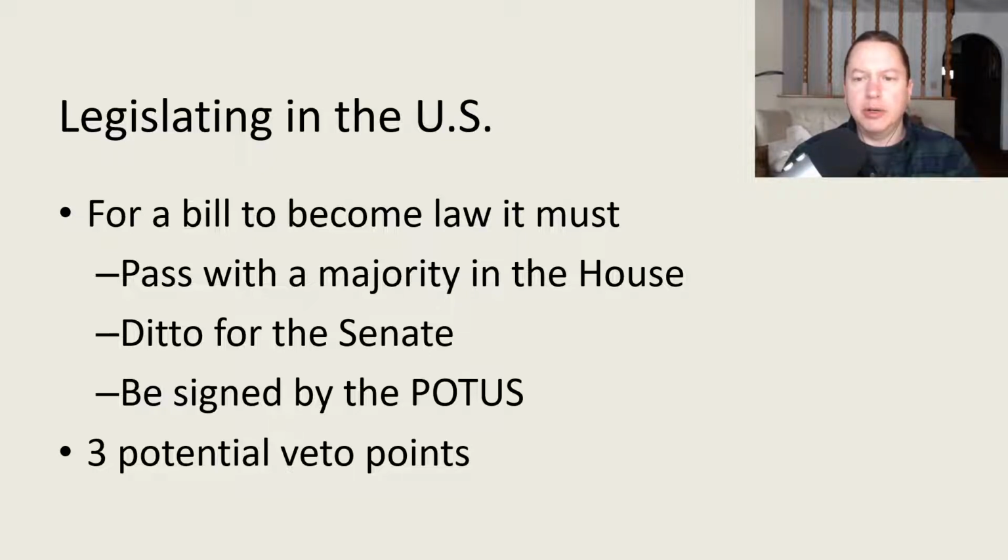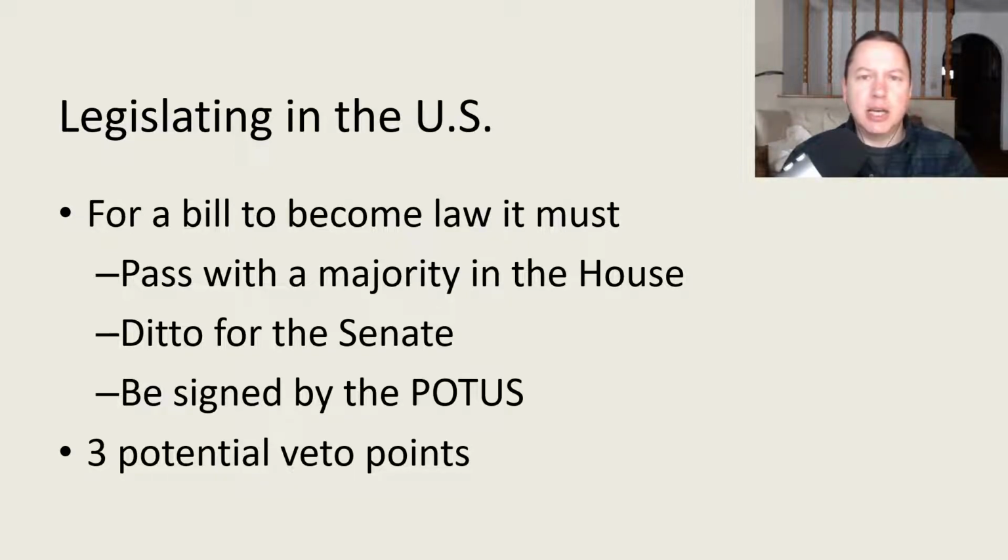First of all, what I haven't put here, the majority of bills die in committee, and we'll talk about committees in a moment. But for a bill to become a law, it must first pass with a majority in the House. It must pass with a majority in the Senate, and in the Senate there's a special condition called the filibuster and the cloture rule that we will also be talking about in a few minutes.